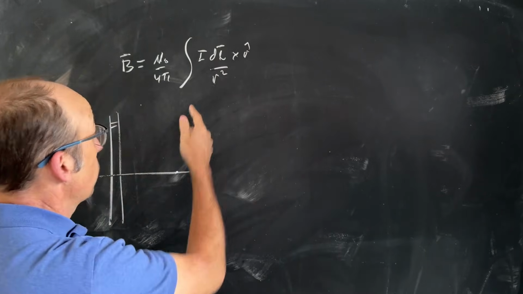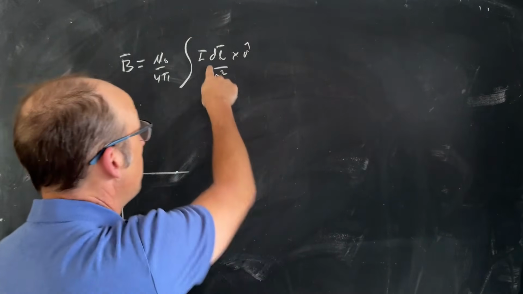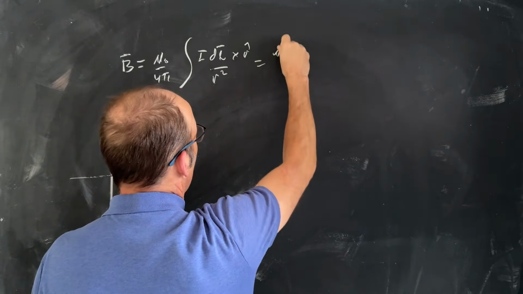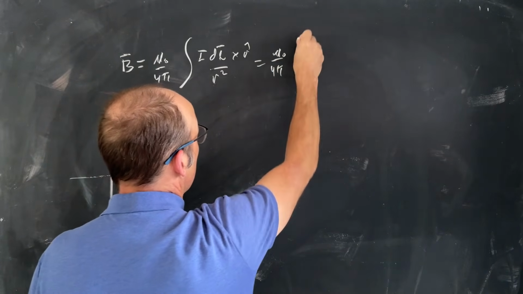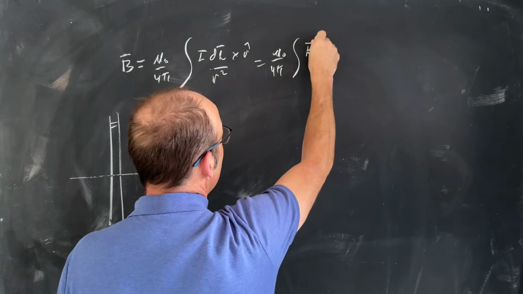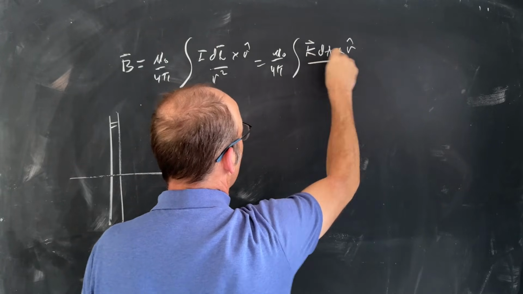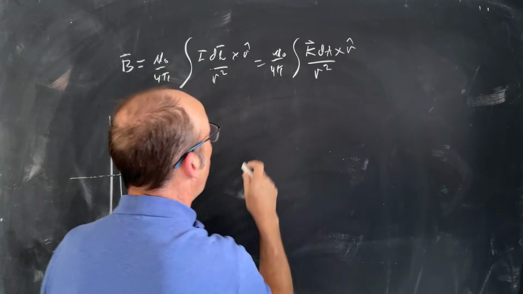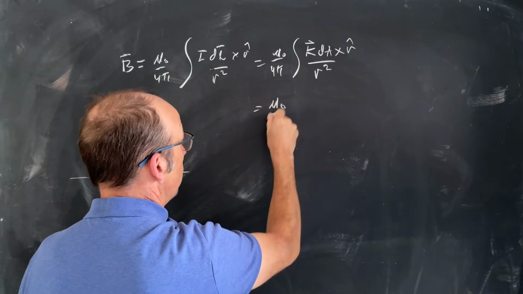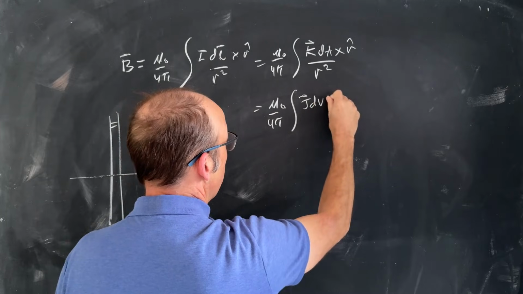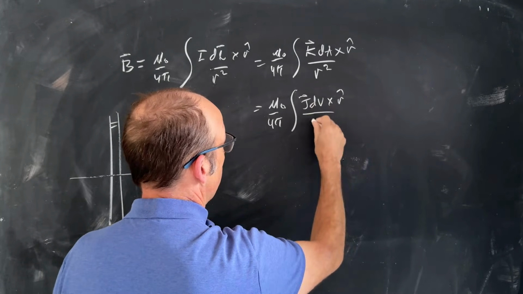Okay. Well, we can also write this as, remember, I can replace I dl with mu naught over 4 pi K dA cross r hat over r squared, or I could replace it with mu naught over 4 pi J dV cross r hat over r squared.